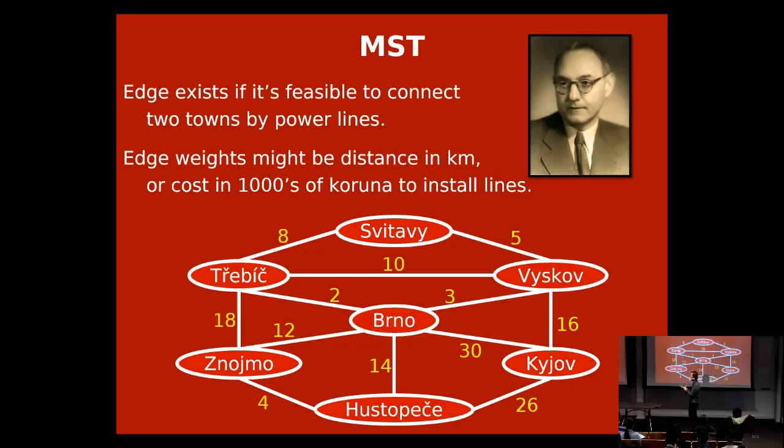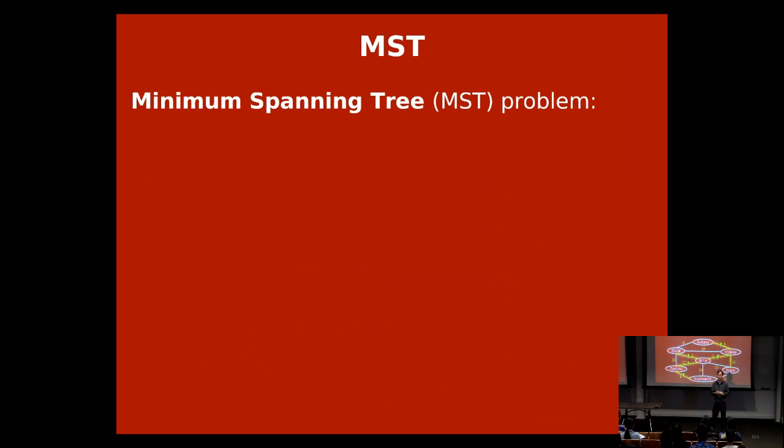What Saxel wanted to figure out was: we can build power lines between the cities, and we can put the power plant wherever, but we want to make sure everybody gets electricity, and in the cheapest way. So it's like this: we selected some edges, we built some power lines along these edges, and now there's power going to every town. If we put a power plant anywhere, it doesn't matter. And the cost is the sum of these overall costs.